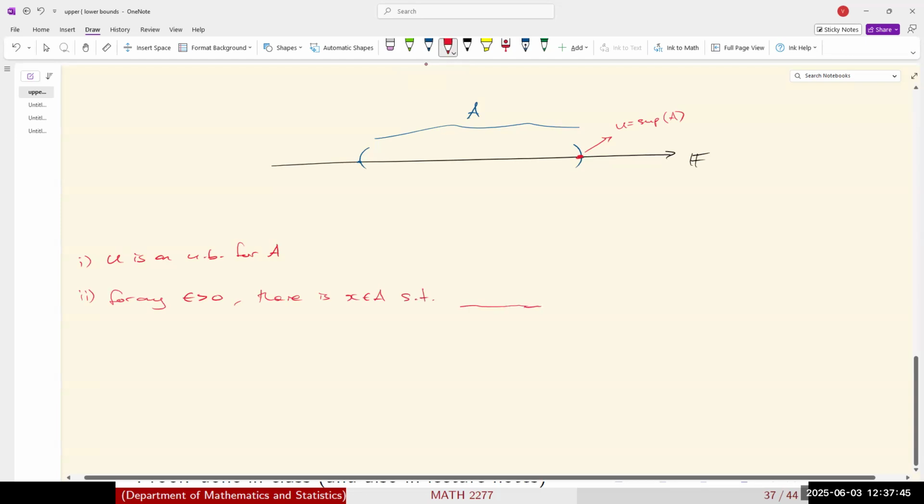This is the condition students always forget. But I'm going to show you from the diagram. You don't even need to cram this. You could see it from the diagram. So this is the supremum. What happens if you take a small positive number and you subtract that from U? So for example, what if U is equal to, I don't know, 5, right? And epsilon is 0.001.